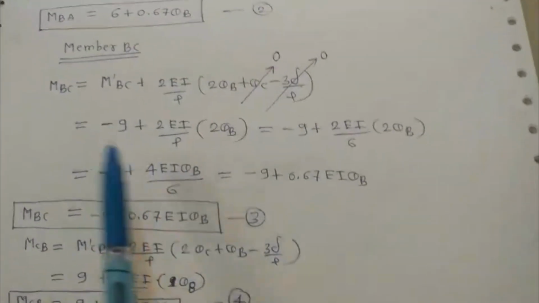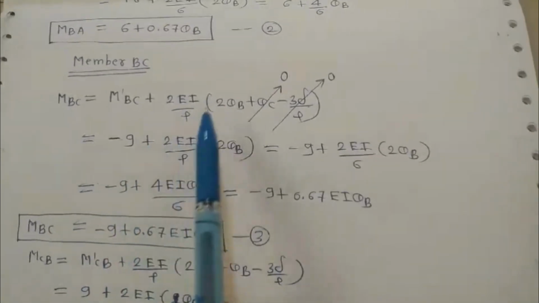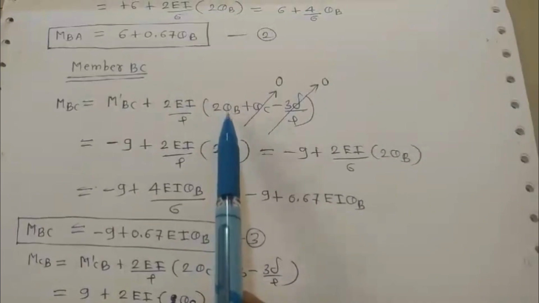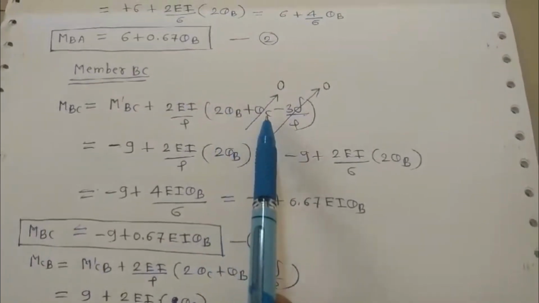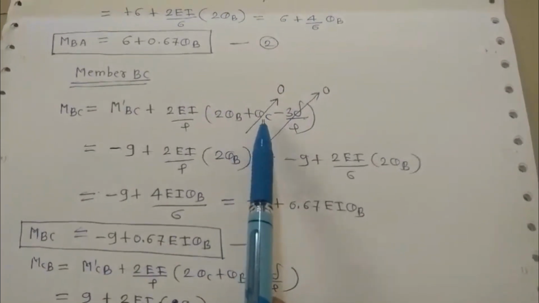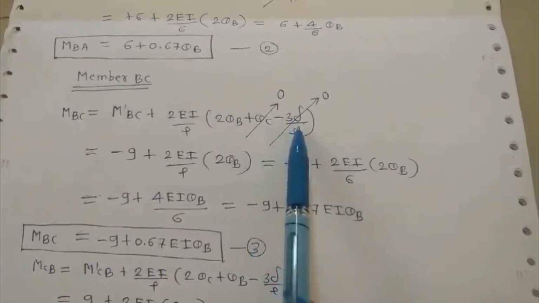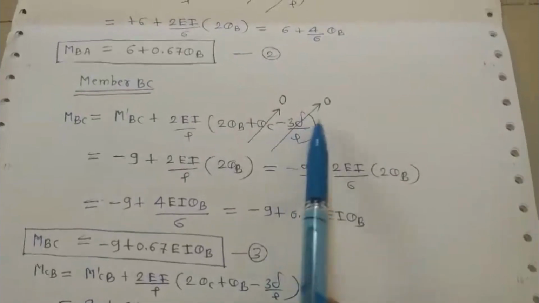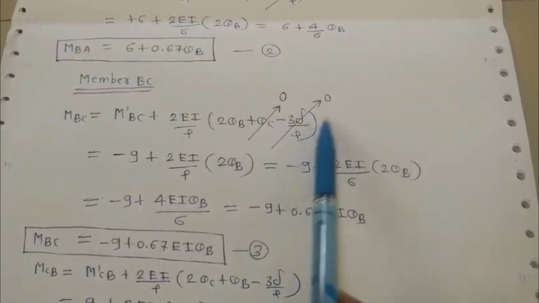Theta B, the slope, will exist at B because there was a rotational support, and at support C there was a fixed support, hence theta C will be 0, and delta will also be 0 because vertical displacement will not take place.